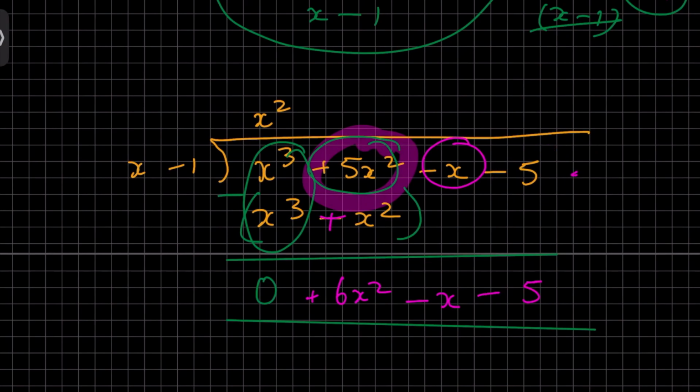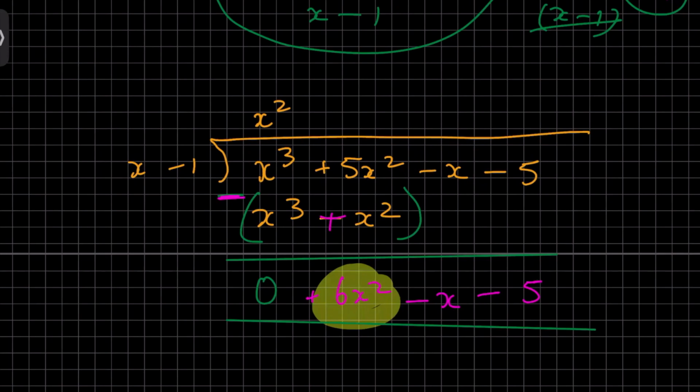Okay, let me neaten this up a little bit for our next step. Now we will be doing the exact same thing, only we are dealing with the next term of our newly formed equation, which is 6x squared. So we will ask ourselves, x times what will give us 6x squared?